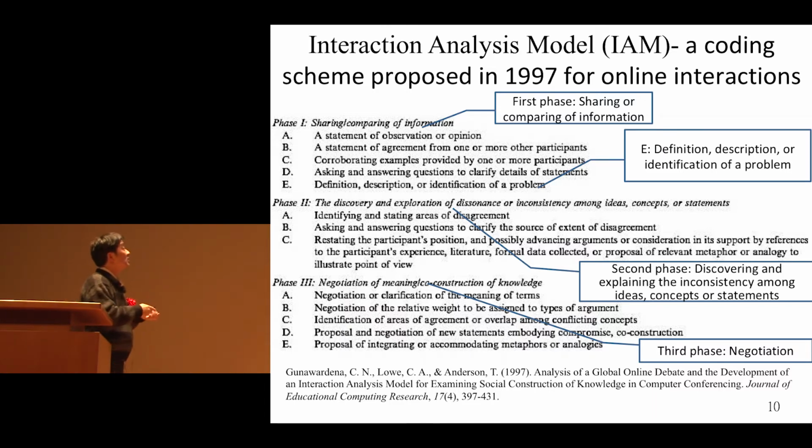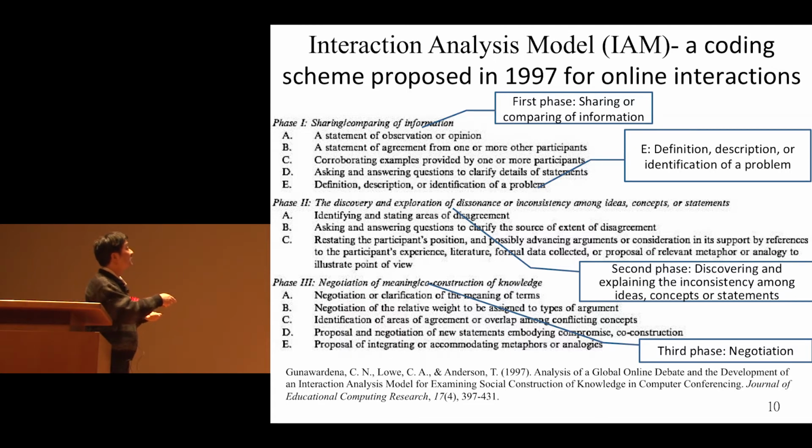Each phase consists of maybe 3 to 5 coding items, so the coding scheme consists of about 20 coding items. For example, the first phase is about sharing or comparing of information.